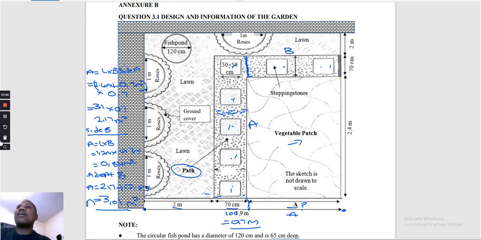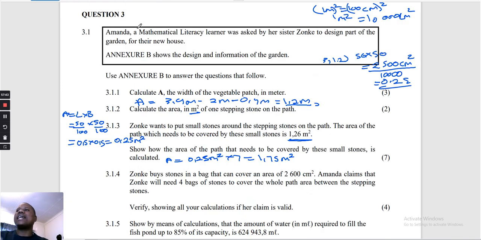Okay, so now let's take out the area of the path. We're going to take 3,01. This is the total area, including the stepping stones and the small stones. Right?